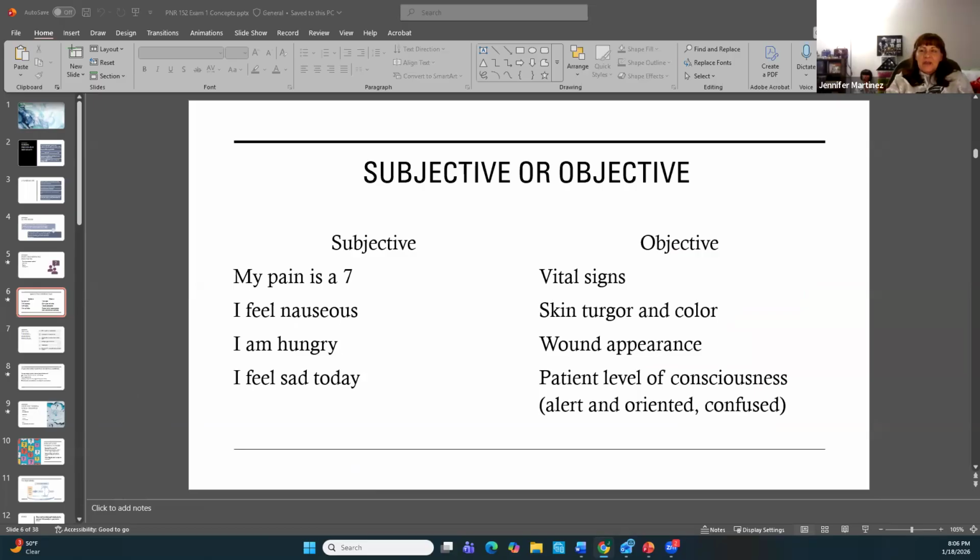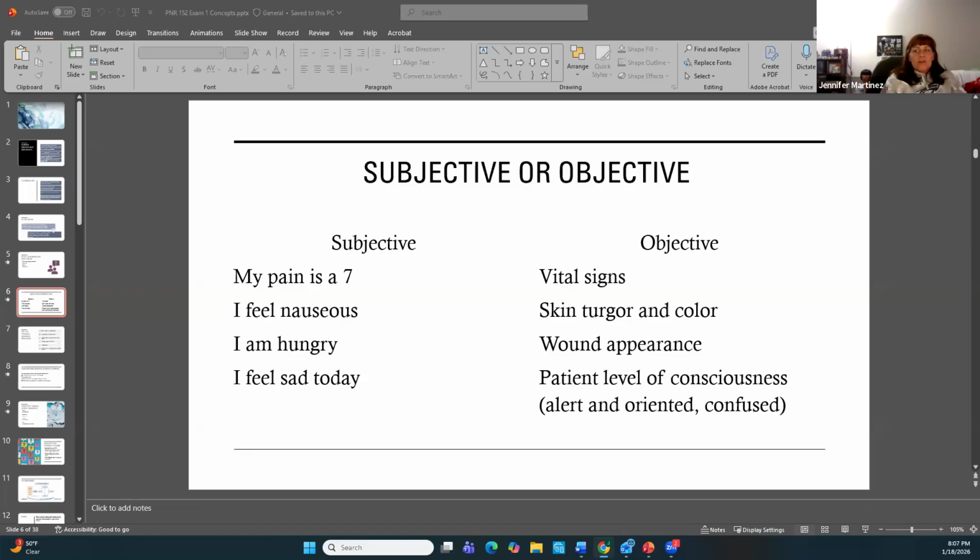Data collection, we collect subjective and objective data. Subjective data is what the patient tells us. It can often be more difficult to measure, but always think of subjective information as symptoms. My pain's a 7, I feel nauseous, I'm hungry, I feel sad, my big toe hurts, I have a headache.